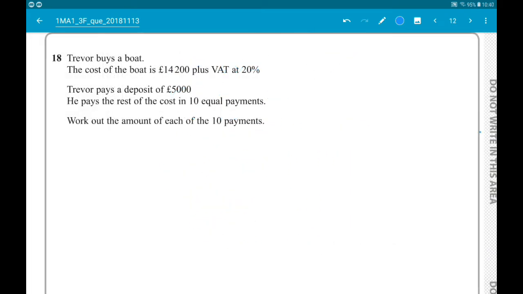Okay, number 18. Trevor buys a boat. The cost of the boat is 14,200 plus VAT at 20%. Straight away, let's stop there. Let's work out the total cost. So, let's find 20% of 14,200.